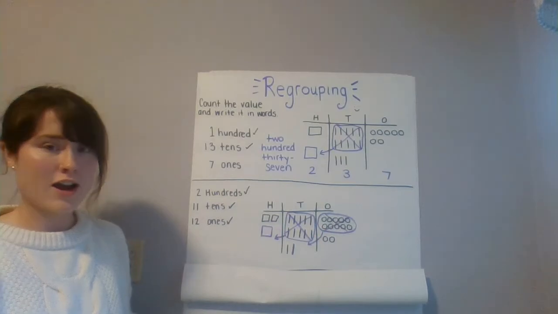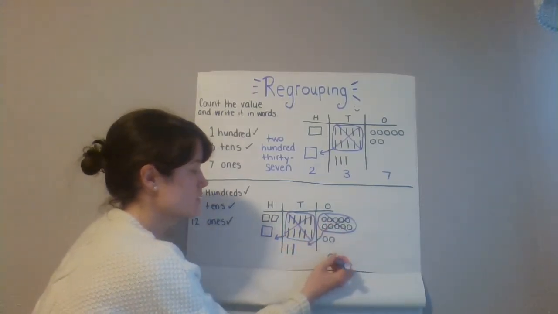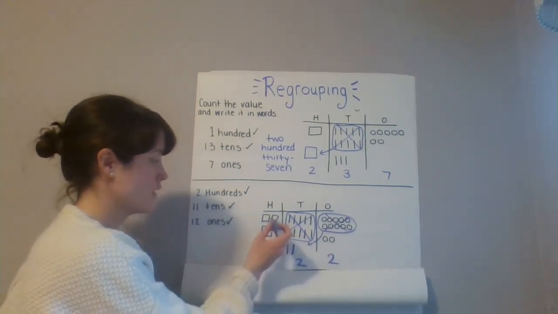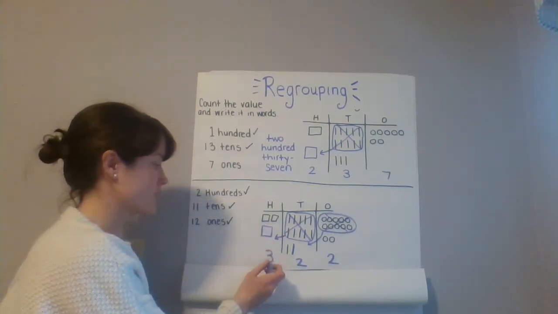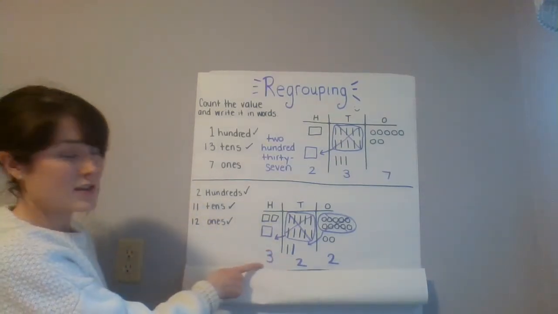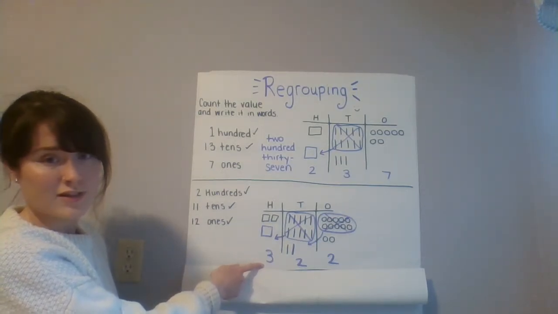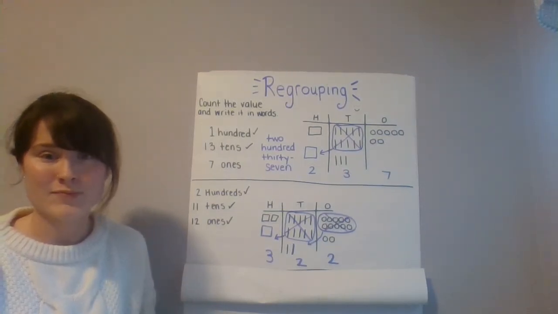Good job. So I'm going to exchange those 10 sticks for a hundreds block. Now let's look at our chart and count up what's left. 2 ones, 2 tens, and not just 2 hundreds, but 3 hundreds. Read this number the first grade way to yourself. Good. Now go ahead and write it in words.